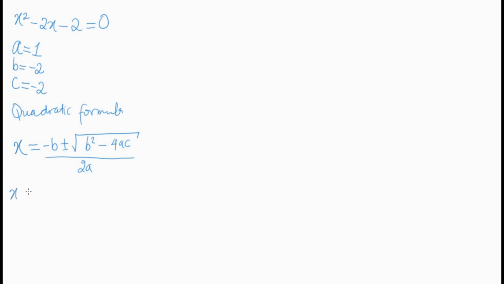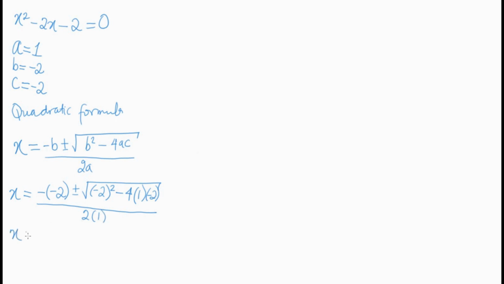So x equals -(-2) plus or minus the square root of (-2) squared minus 4 times 1 times -2, everything over 2 times 1.